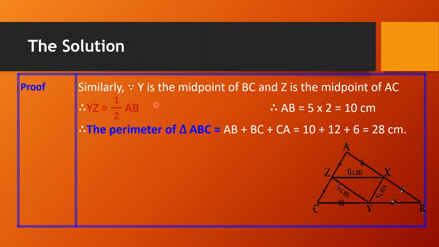Similarly, since Y is a midpoint of BC, Z is a midpoint of AC, then YZ equal half AB, then AB equal 2 times 5 equal 10 centimeters. Then the perimeter of the triangle ABC equal AB plus BC plus CA equal 10 plus 12 plus 6 equal 28 centimeters.